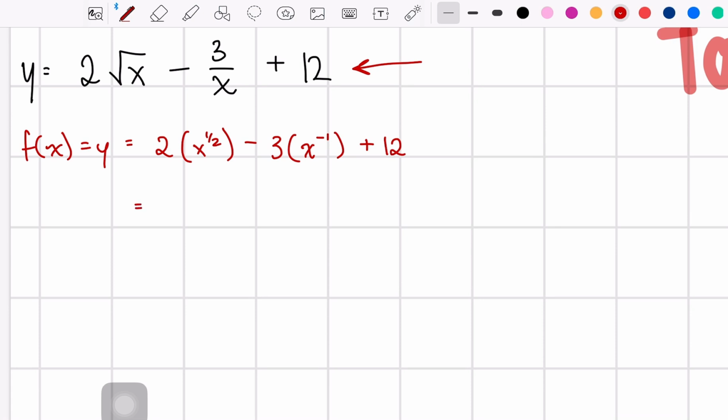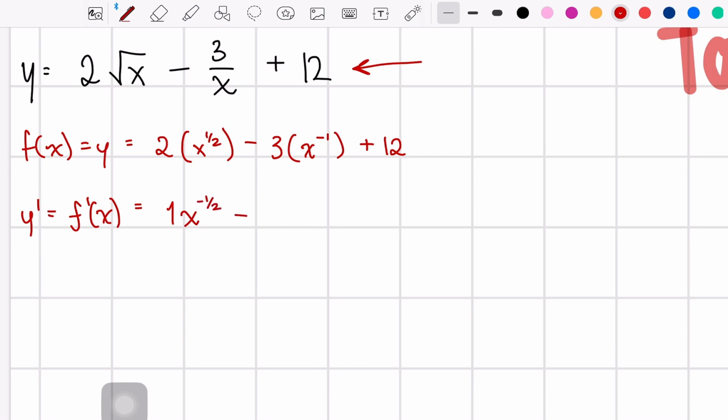Now we are going to find the first derivative, which can be written as y prime or f prime of x. We're going to use the power rule here. Half times 2 is 1, x, and we subtract 1 from the half, so half minus 1 is minus half.